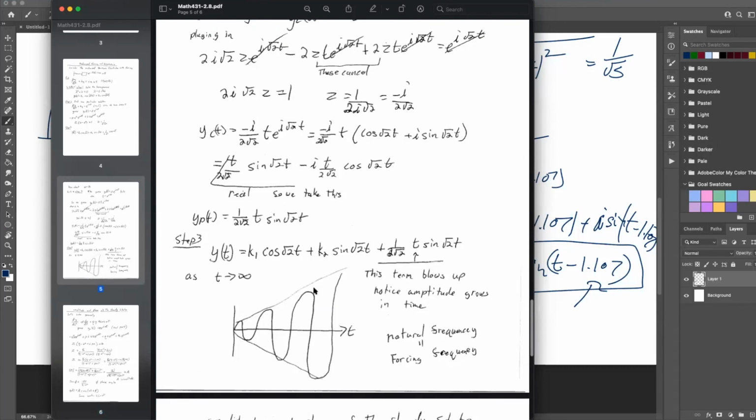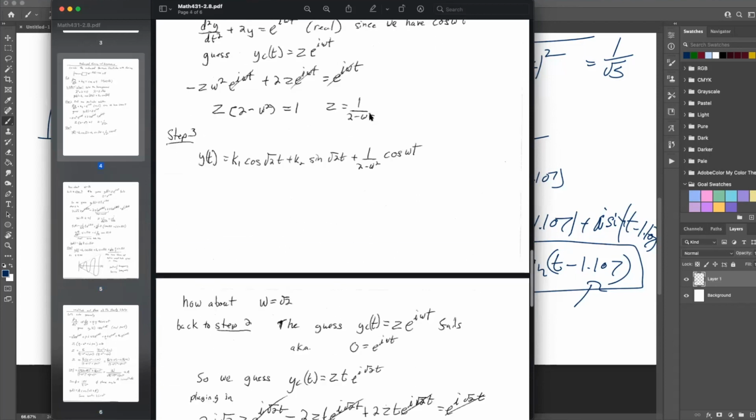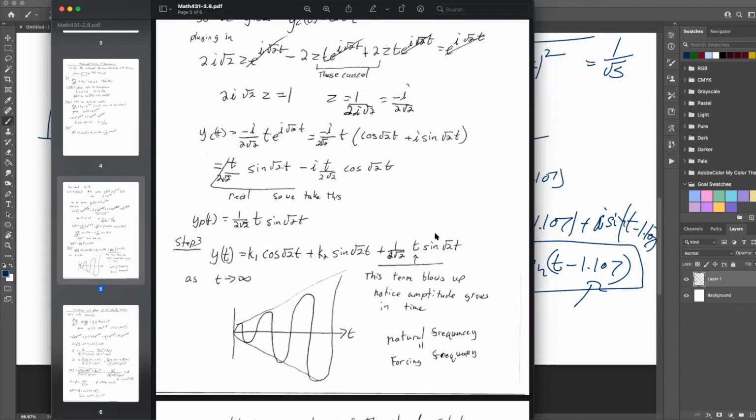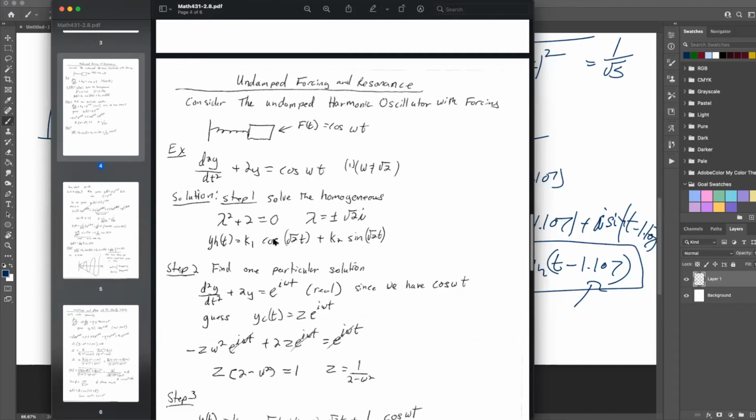What happens here is, if it's undamped, you have what they call the natural frequency. Whatever this omega is, right here, this is the natural frequency. We call this the natural frequency when we solve for it.